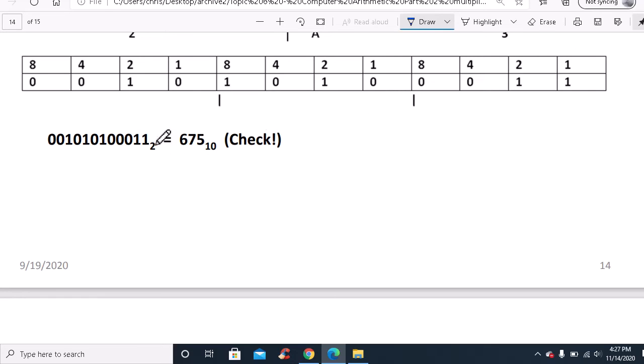And again, just to remind you, this 1 here represents 1 times 2 to the 0, in other words 1. That represents a 2, and so on. These all represent powers of 2. So 1, 2, 3, 4, 5, 6, 7, 8, 9, 10. 2 raised to the power of 10.